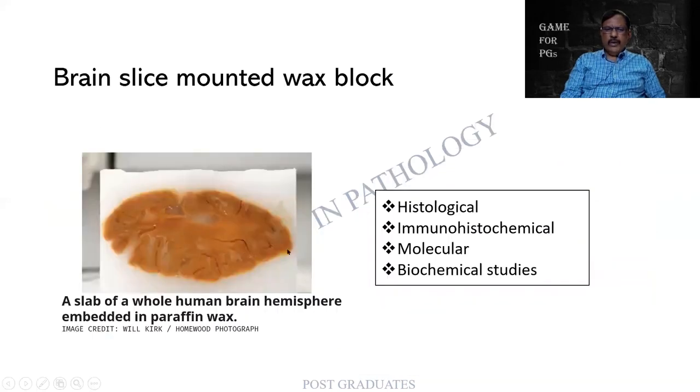Sometimes almost the entire section, or at least half of it, has been mounted on a wax block. This credit goes to the author over here, Homewood photograph is the source of my picture. From all of this, you can do a histological study, immunohistochemical study, molecular study, or even a biochemical study.